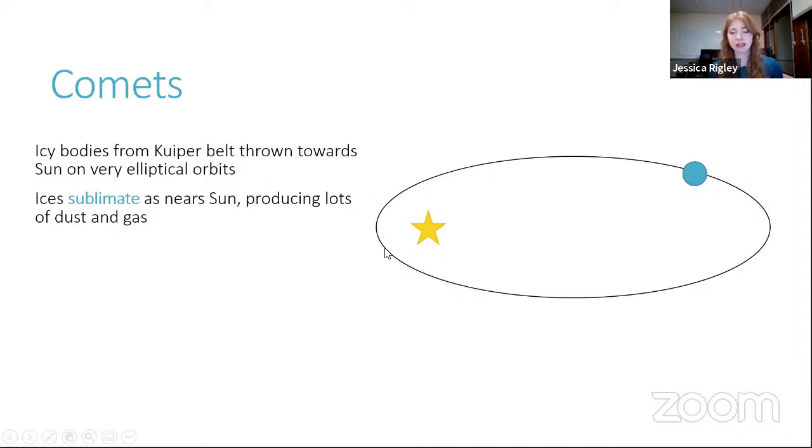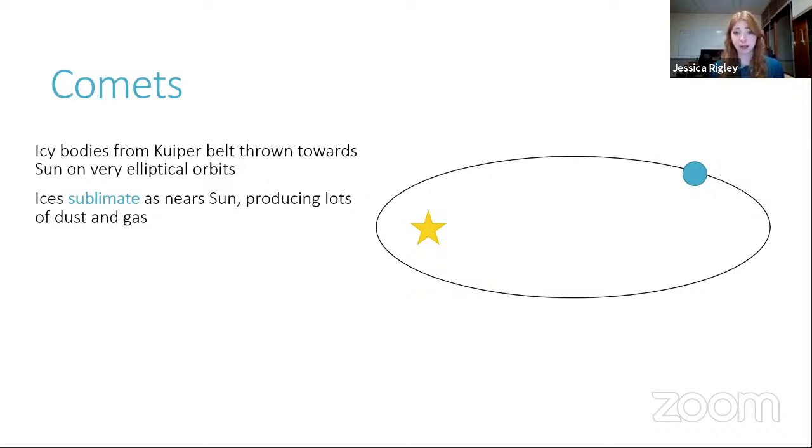So what this means is that the comets are going from being really, really cold when they're far away from the sun to being really, really hot when they're close to the sun, and then they get really cold again and really hot again. And because they have lots of ices, when they get close to the sun, they heat up and the ices start to sublimate. What this means is that if a solid melts, it goes straight from being a solid to a liquid.